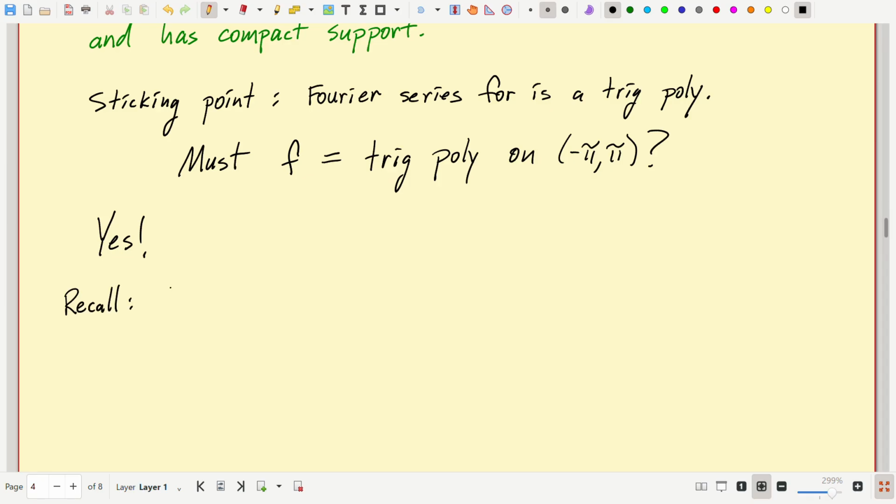Suppose f is piecewise continuous, so it can have jumps, etc. If all the Fourier coefficients are 0, then remember f had to be 0 where it was continuous. Those were written f hat n equals 0 for all n.